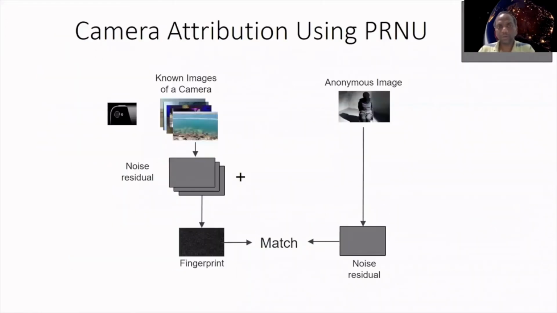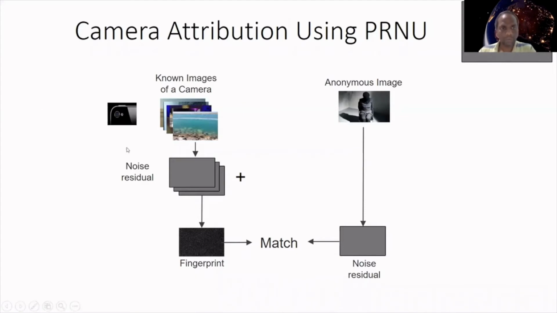The way PRNU works is very simple. Each camera has a sensor, which we know as a camera sensor. And the sensor has been built in such a way that it always has a fingerprint. This is a particular type of noise which is unique to a particular camera sensor, irrespective of the camera model.